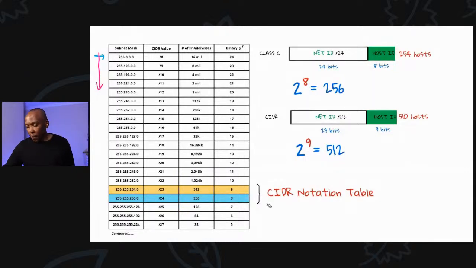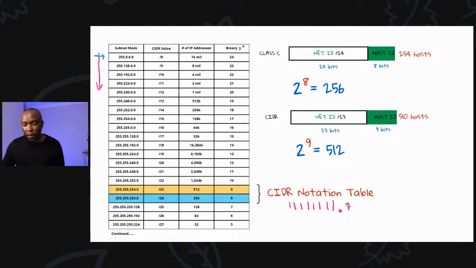So the first 8 bits, which is 1, 2, 3, 4, 5, 6, 7, 8, dot, were used to denote the network ID. And then we moved into a /9. And that /9 means that we're using the first 9 bits to denote the network ID.